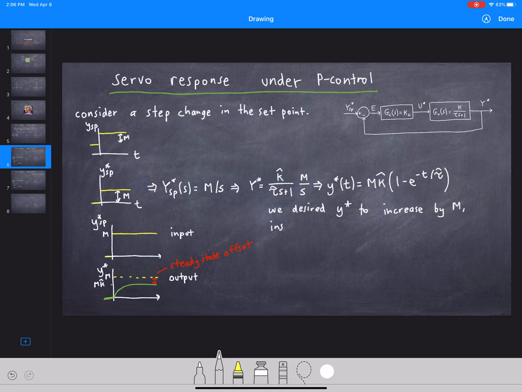Instead, as t goes to infinity, y star goes to k hat m, which is less than m, because k hat is less than 1, as we derived in the previous slide. And so there exists steady state offset error.